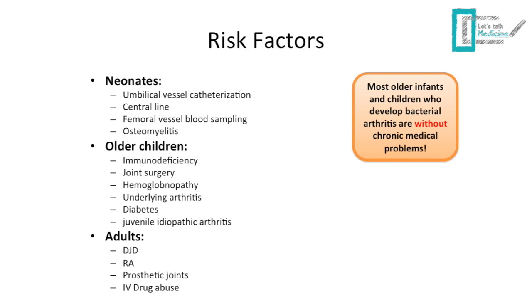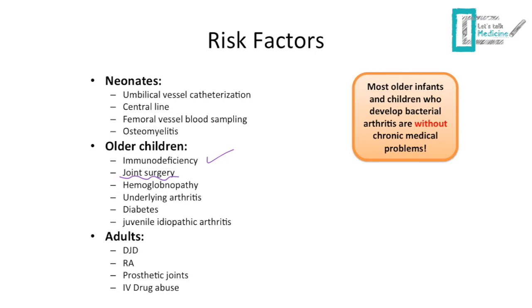In older children, you might suspect immunodeficiency, sometimes joint surgeries, and we will talk about a very specific organism in joint surgeries and prosthetic joints. Hemoglobinopathies like sickle cell anemia and thalassemia might have more predisposition, for example, to Salmonella organisms.